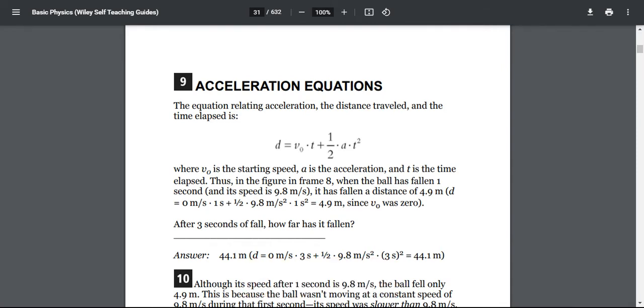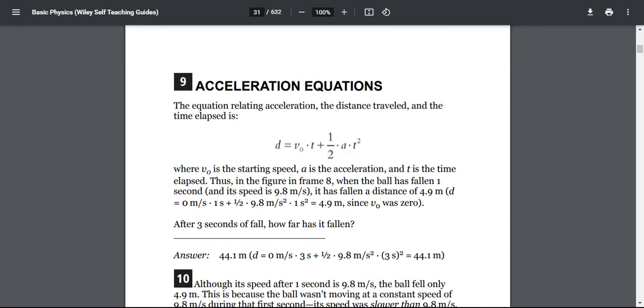Why 4.9 m? Because the distance equation is d = v0 t + 1/2 a t².